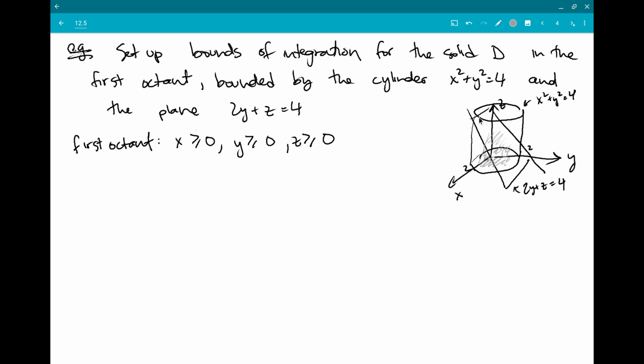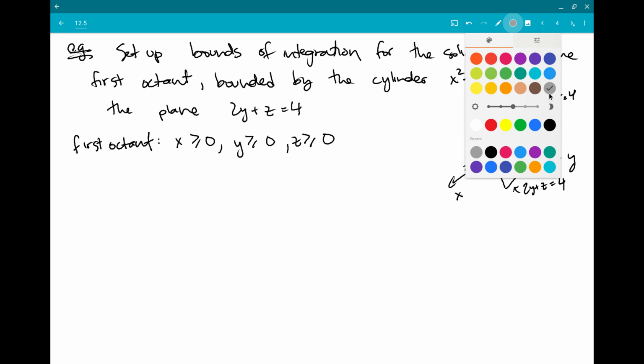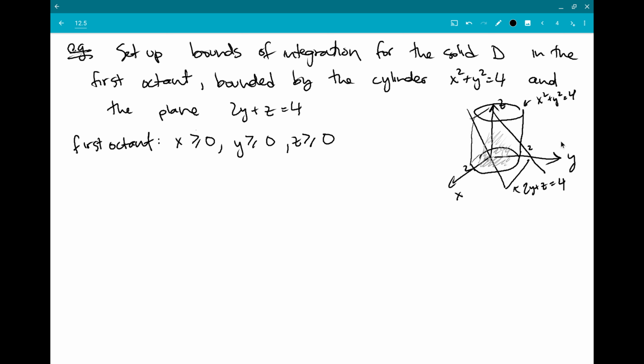So imagine that you have a can and a friend of yours was very aggressive with a knife and managed to cut through the can, and we're finding the volume of that sliced diagonally can. If that helps you visualize the picture, which I know is very hard to do.